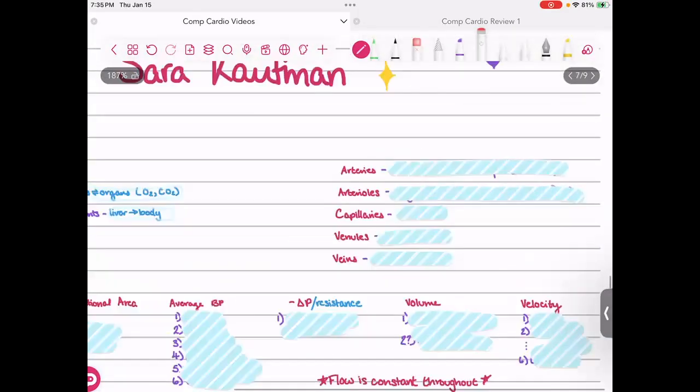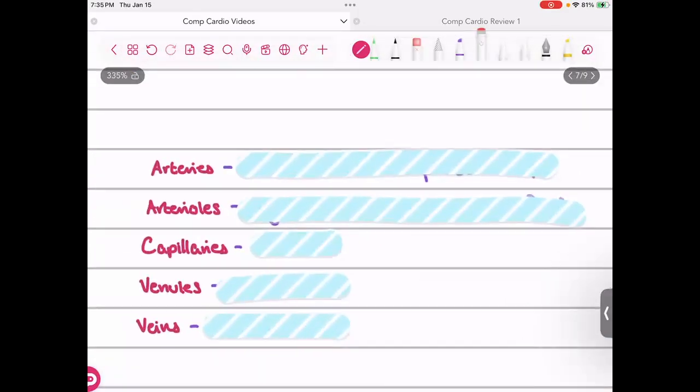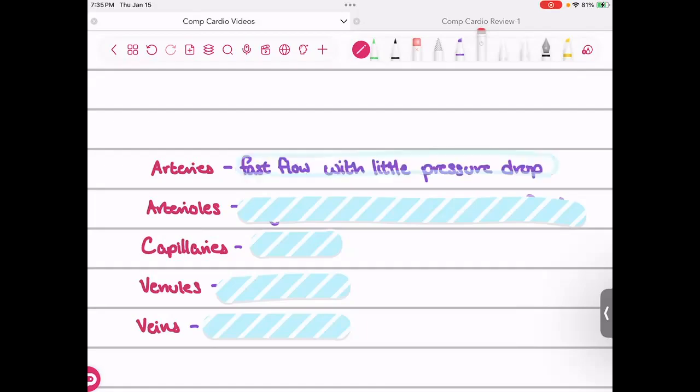There are a few main vessels or vasculature components for blood to travel through, and each one has its own main purpose. According to the lecture slides, arteries have the main purpose of giving off fast flow with little pressure drop.